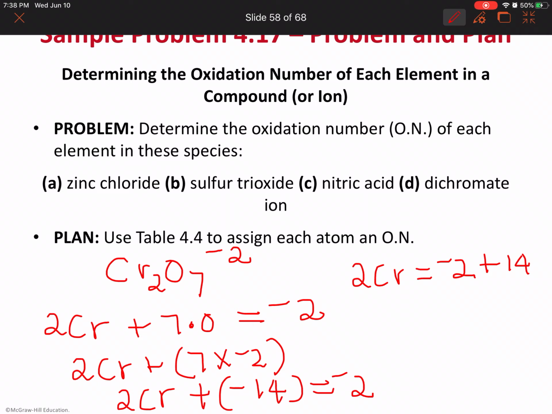So 2 chromium would be -2 plus 14, +12. So the chromium oxidation number would be 12/2, that is +6. Okay, that's how you find the oxidation number for the individual atoms in an ion or a neutral compound.